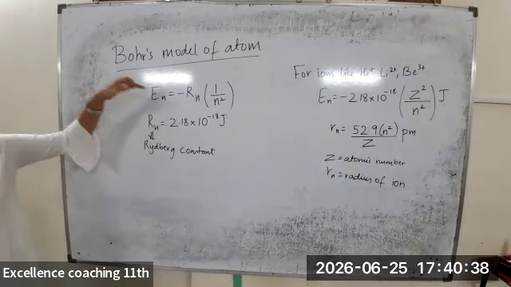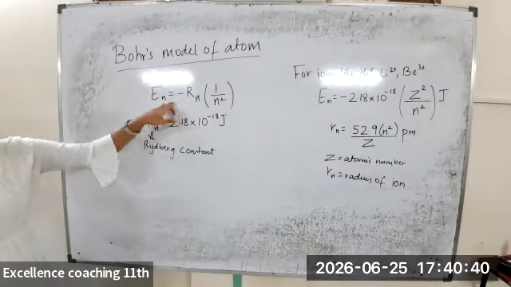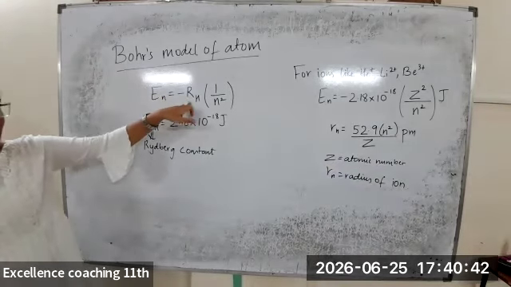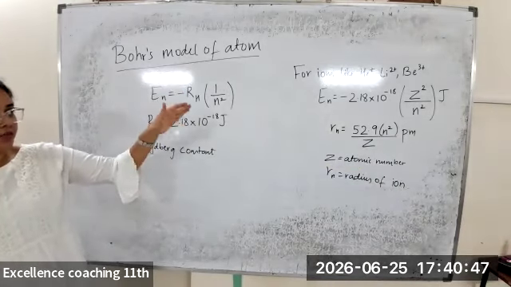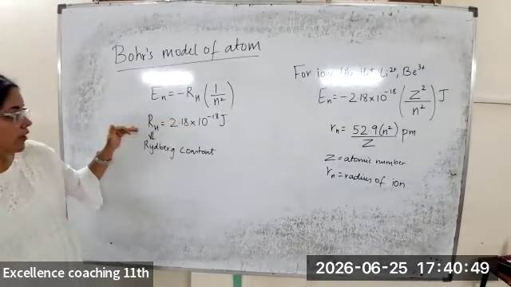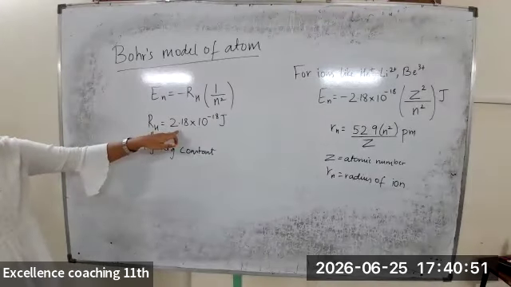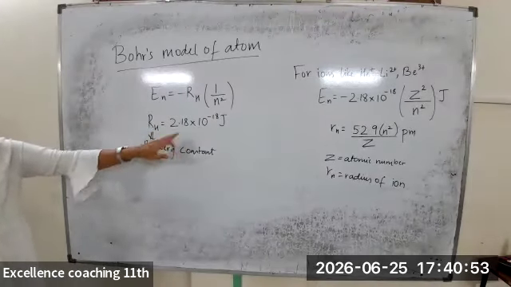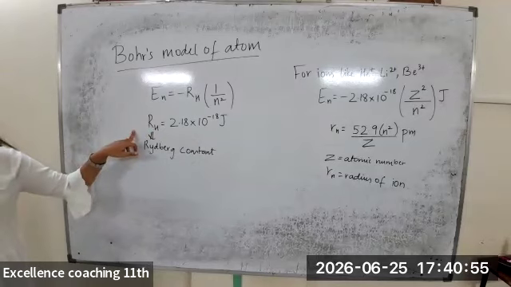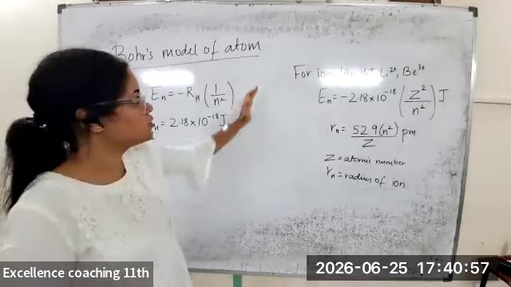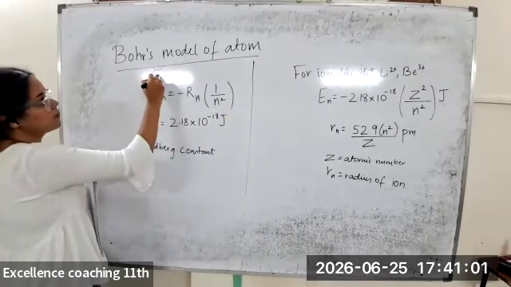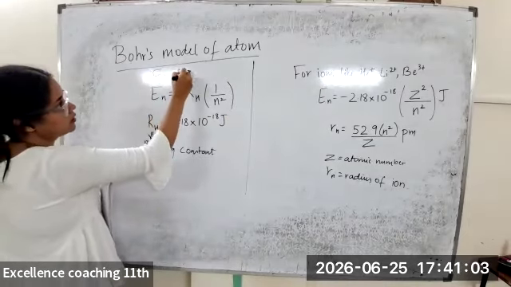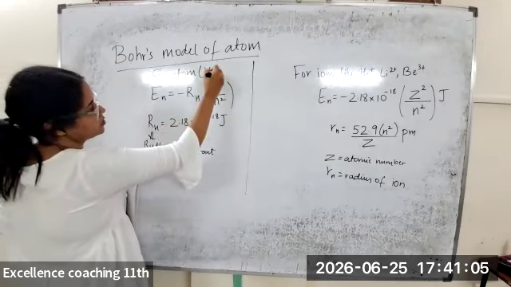The energy of this particular atom will be equal to minus R H multiplied by 1 upon n square, where R H will be equal to 2.18 into 10 raised to minus 18 joules, where R H is the Rydberg constant. Now this particular formula is for an atom, mainly hydrogen.